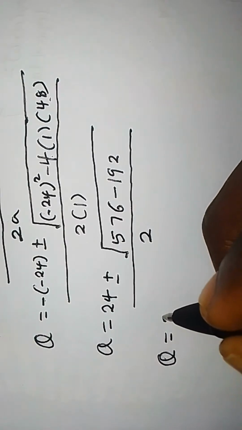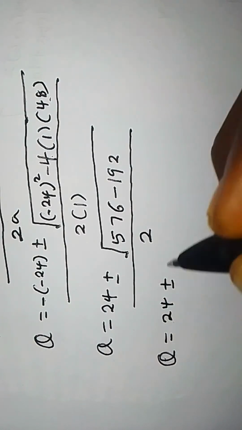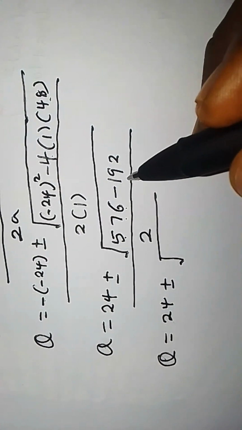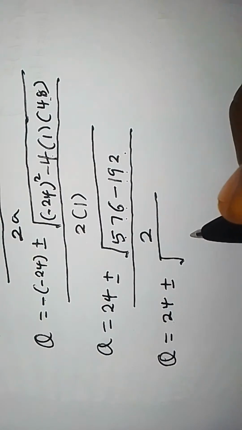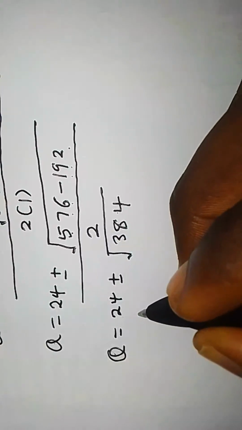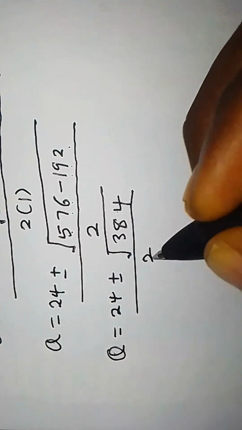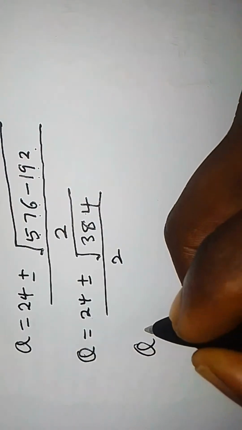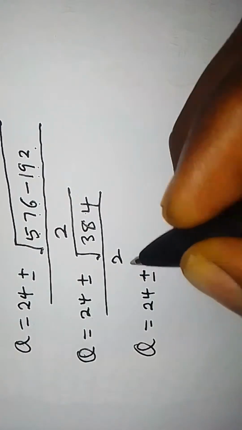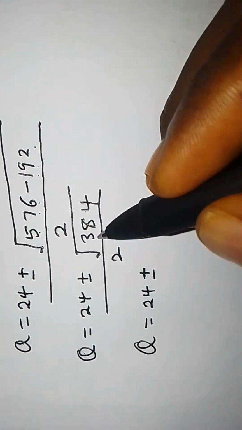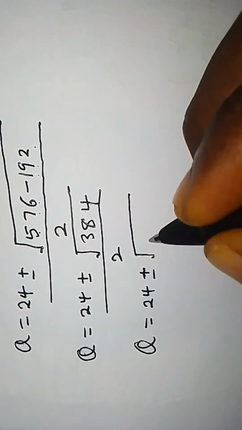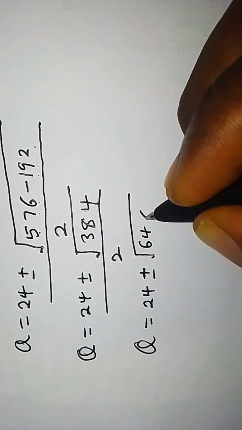Q is equal to 24 plus or minus square root of 576 minus 192, that is 384, divided by 2. So we have Q equal to 24 plus or minus, I can rewrite square root of 384 as square root of 64 times 6.